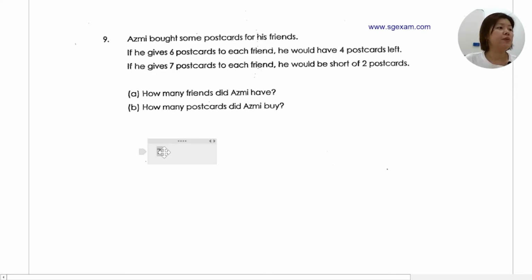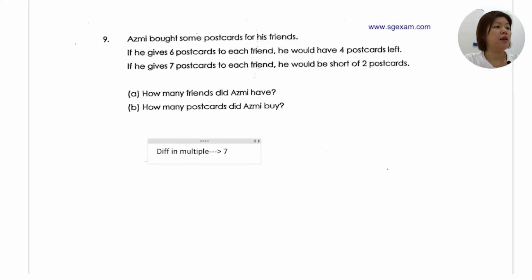The difference between the multiples is 7 minus 6, which is equals to 1. And this is the difference. And in our multiples of 6 and 7, in multiples of 6, we will have 4 postcards left. And if it is multiples of 7, there will be short of 2.